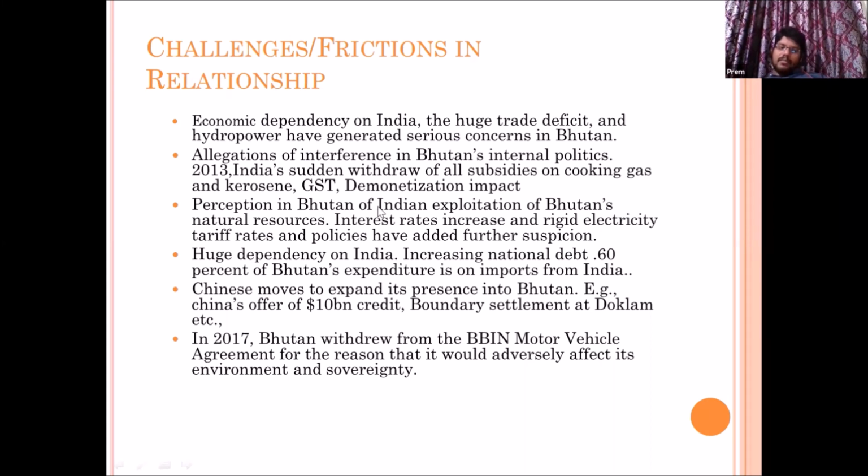So the rate at which we buy that electricity is going down. Why? You all know that we are going for renewable energy, that is solar and wind. When we are getting solar and wind at cheaper rates, we'll also give cheaper rates for hydropower. So Bhutan is protesting that also, saying you have given us very big loans and we have huge debt to you, but you are not purchasing the electricity we generate at a very good cost. So that is another challenge that needs to be addressed.